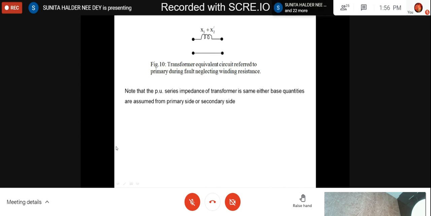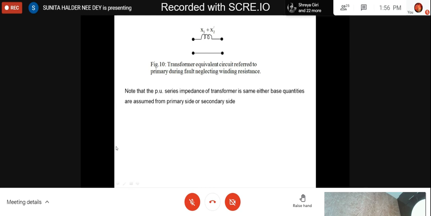And in fault calculation, we are estimating the fault current, the estimation should be faster, and it should be as simple as possible. So we neglect these resistances when we calculate fault current. But obviously when we are neglecting the resistances, we are approximating the circuit.